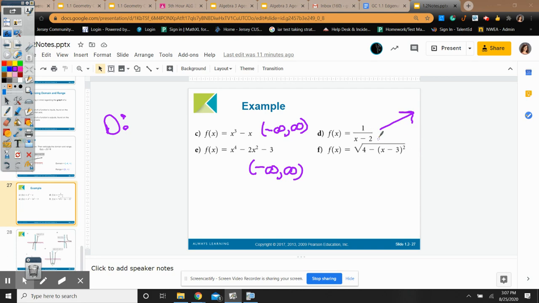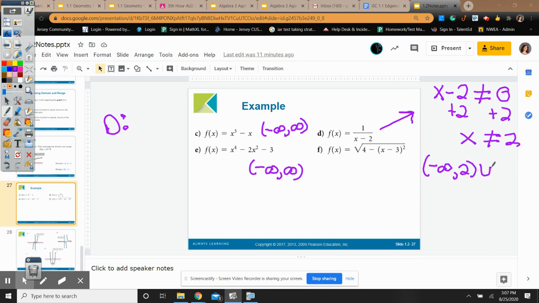Yeah, you cannot divide by 0. So x minus 2 would be dividing by 0. So that guy cannot equal 0. And you would add it, and x cannot equal 2. So the way you would say that in MyMathLab is you would tell me what it can be. It can be negative infinity to 2. Then it skips over 2, and it goes to infinity.